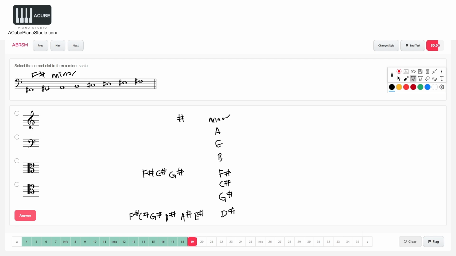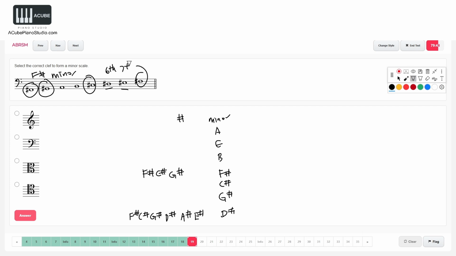Now coming back to here. For F sharp minor, you have F sharp, C sharp, and G sharp. So let's check. I have F sharp, C is a sharp, and G is a sharp. Next, this is D and this is E, and I sharpen them. Is it possible?